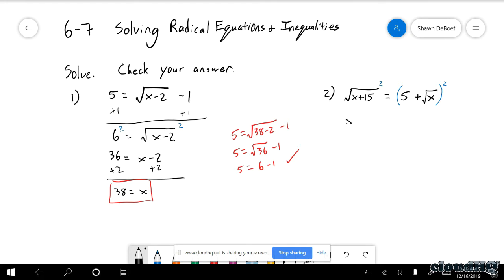On the left, we get x plus 15, equals, and on the right we're going to have to think about 5 plus the square root of x times 5 plus the square root of x. You cannot just distribute the square. Instead, we're going to have to FOIL.